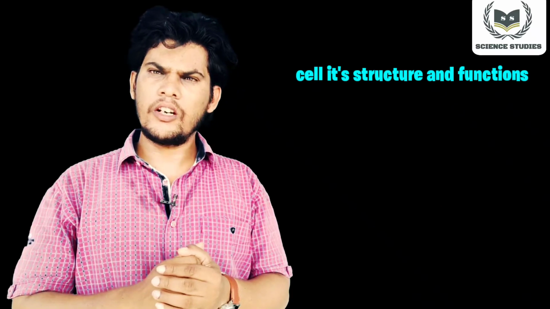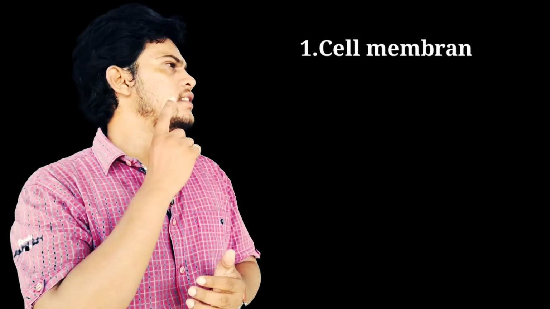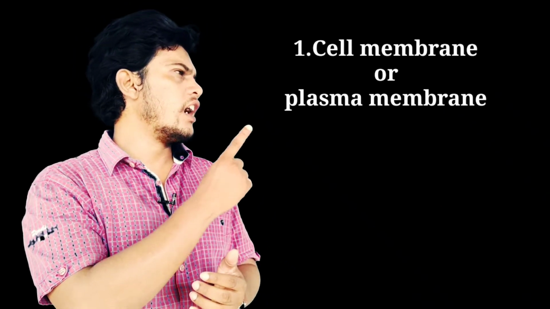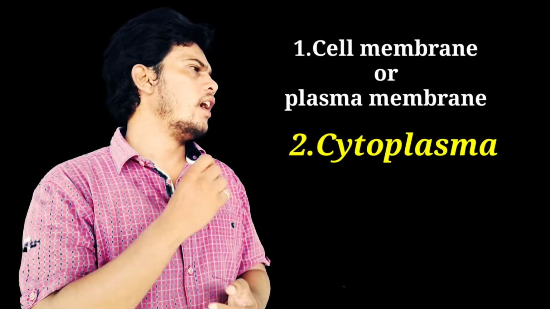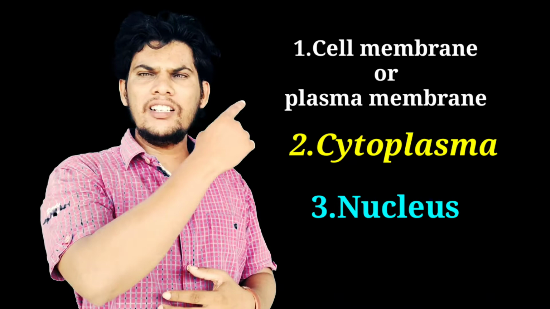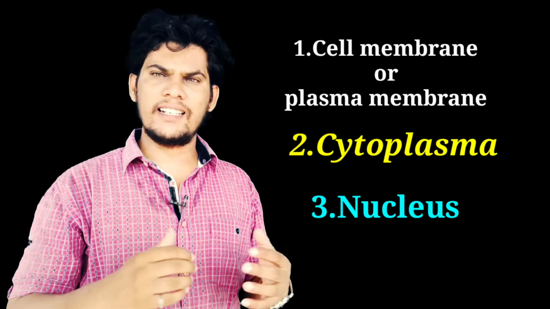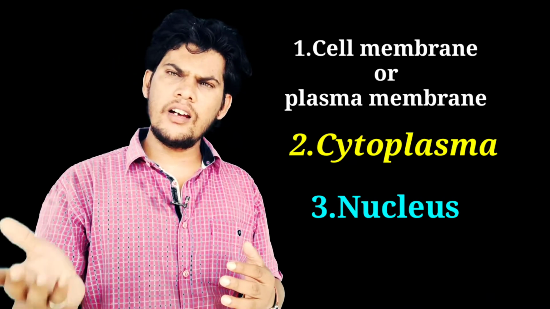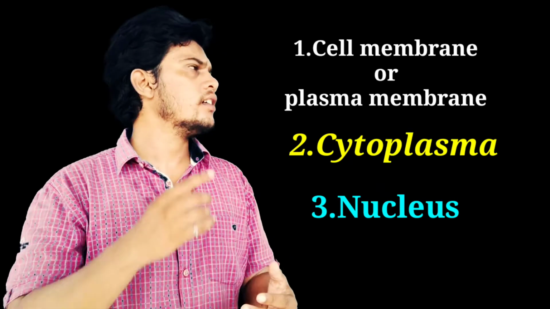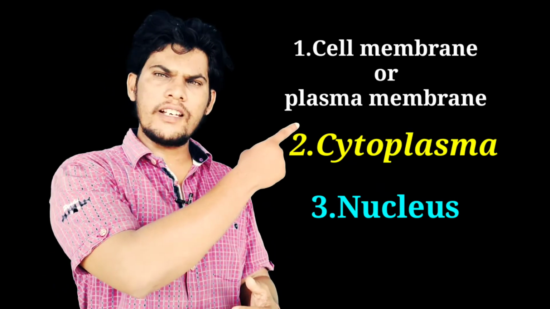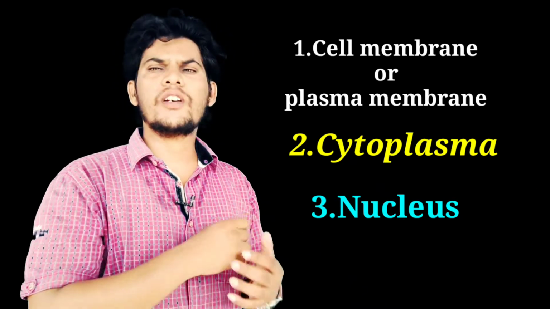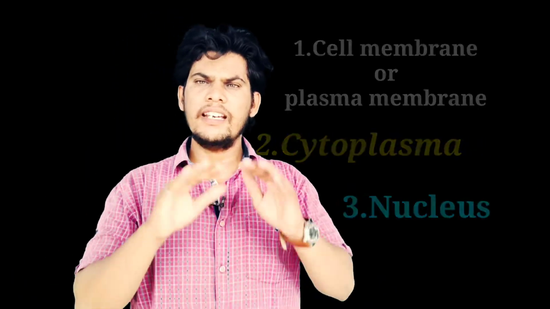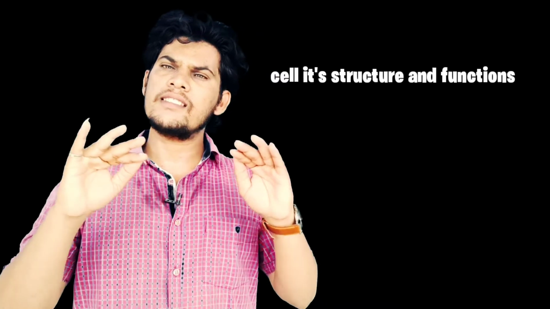The first one is cell membrane or plasma membrane, and then cytoplasm and nucleus. These three are the major parts in any living cell.